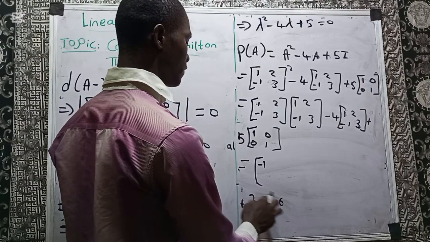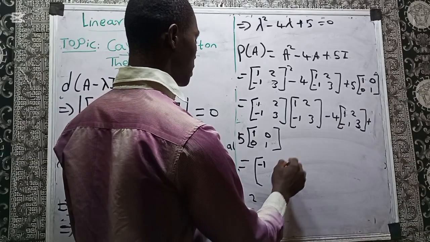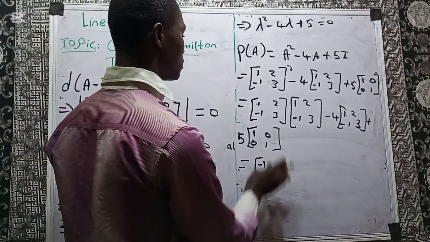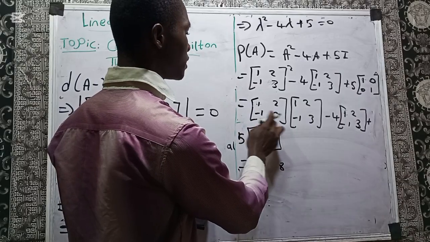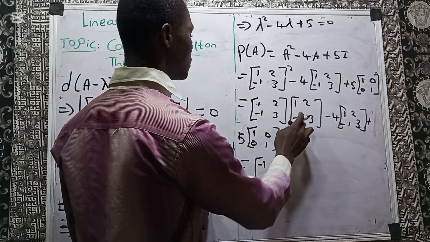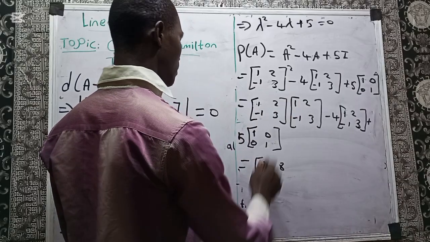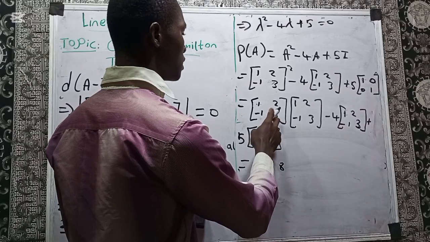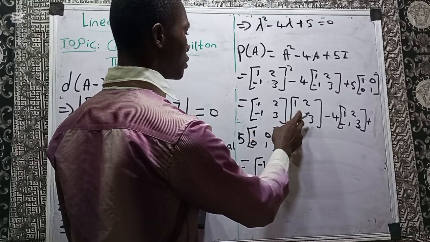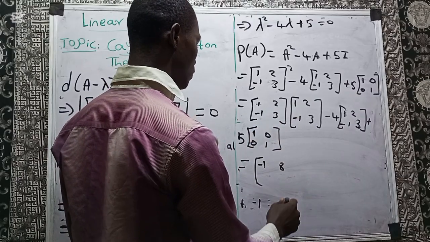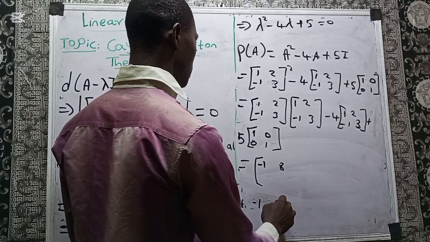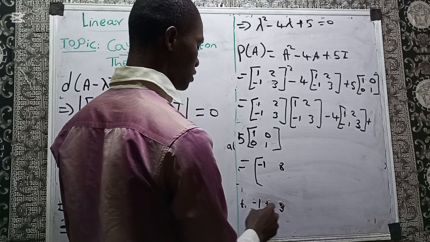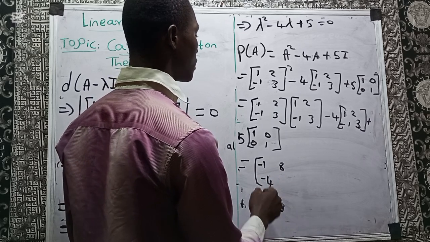You add both of them, you are going to get 8. Then use the last row to multiply the first column. Negative 1 multiplied by 1, negative 1. 3 multiplied by negative 1, we have negative 3. So if you add, you are going to get negative 4.